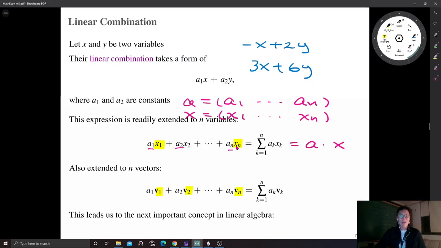Because if every scalar is equal to 0, then the linear combination boils down to 0. It has no meaning, right? So at least some scalars should be non-zero numbers.